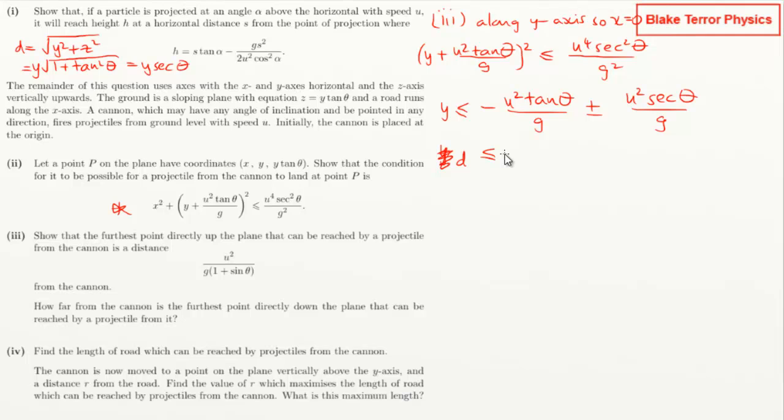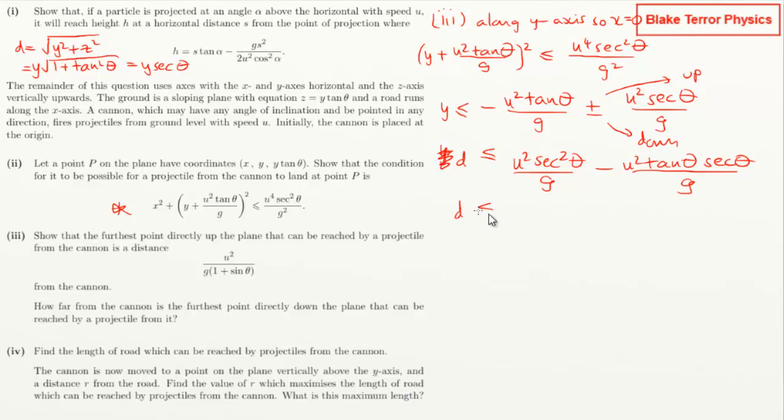So I want to go to the furthest point directly up the plane. So plus will be up, minus will be down. So I've got u squared, I need to multiply all this by sec, so sec squared theta over g, minus u squared tan theta sec theta over g.